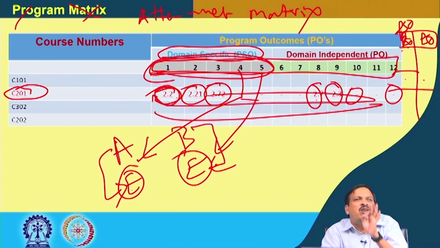CO1 is called solving ability, meaning application ability. The cognitive level is application. Only the depth of the knowledge will vary with complexity.